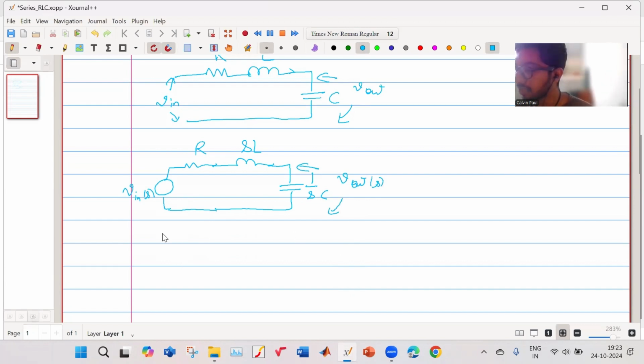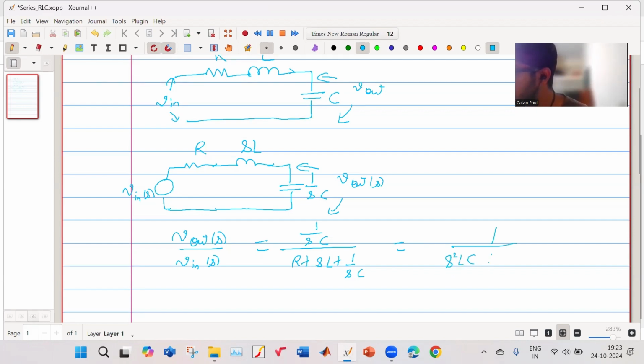So when we derive the transfer function, we will get V output of S upon V in of S, based on the potential divider rule. It becomes 1 upon SC divided by R plus SL plus 1 upon SC. So when you put the 1 upon SC in the denominator, it becomes 1 upon S square LC plus RSC plus 1.